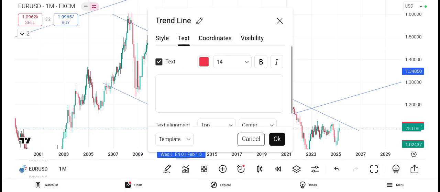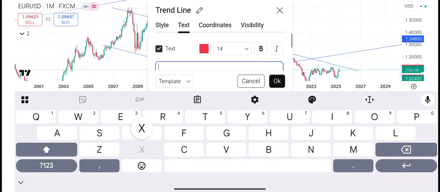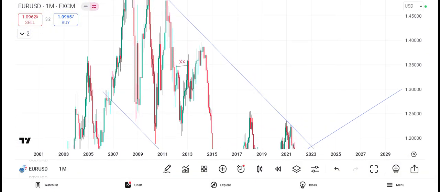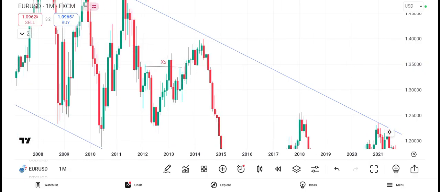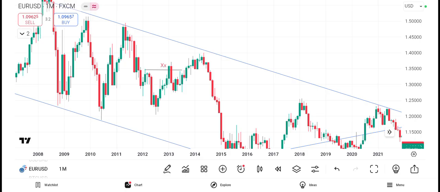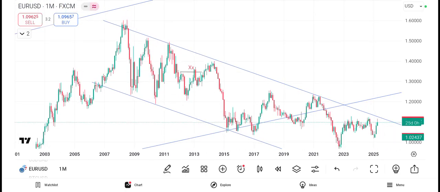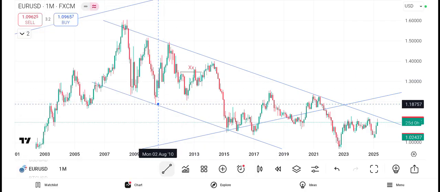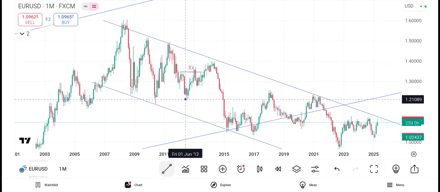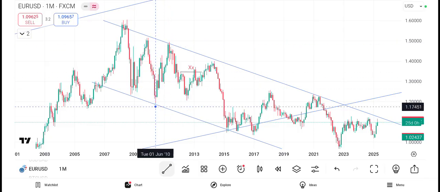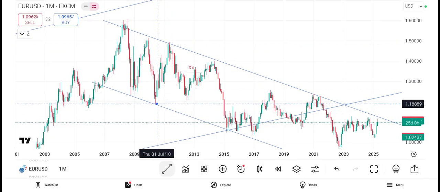I'm going to call that X. It's not perfectly straight, but I don't care. When you see an inducement level, look for the low that formed the inducement when price trended up and then trended down. So this low formed this high, and here is obviously the break of structure.